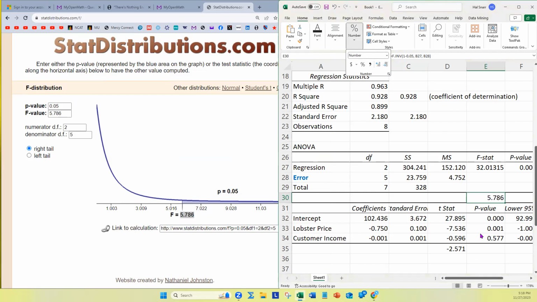Now the question is, is the F-stat on the right side or on the left side? If it's on the left side, then collectively, the differences between these coefficients and zero are insignificant, right?